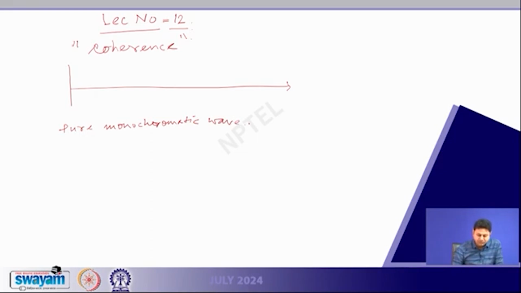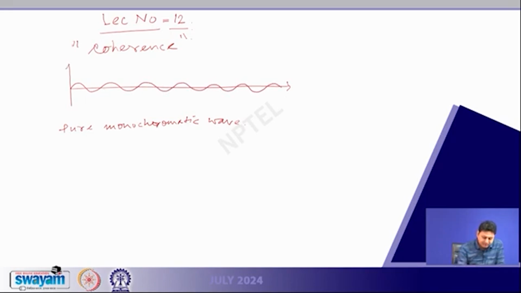That is the meaning of the monochromatic wave. If it emits light, the light wave can be represented as a harmonic wave.